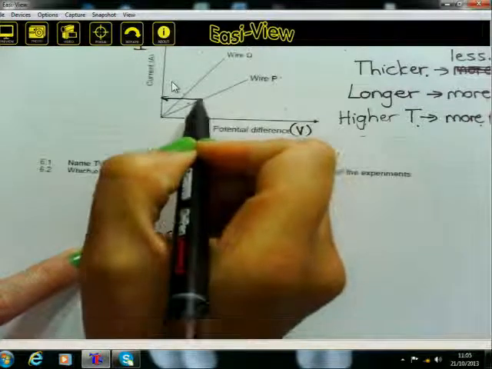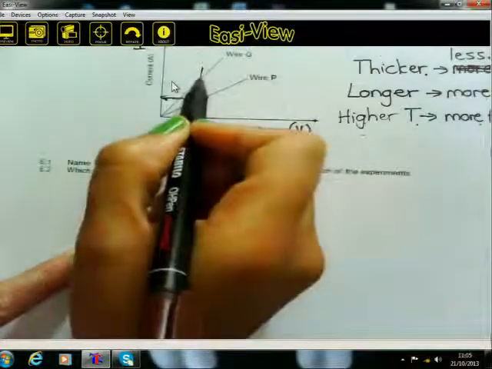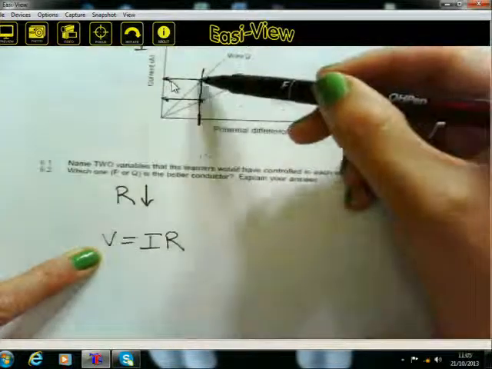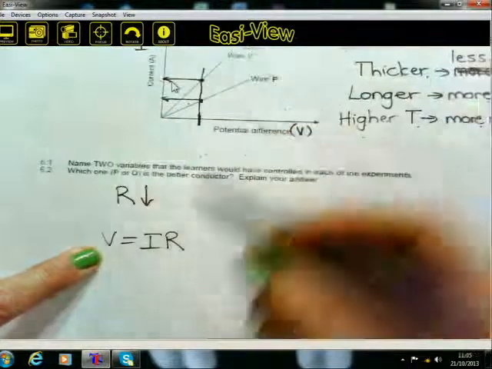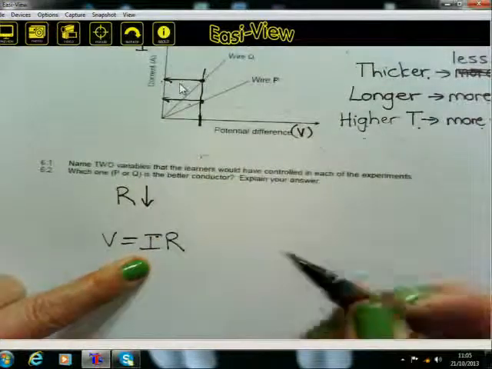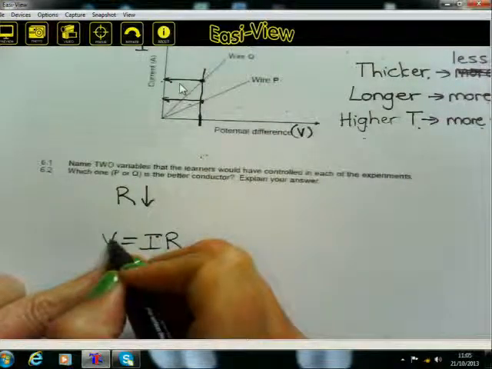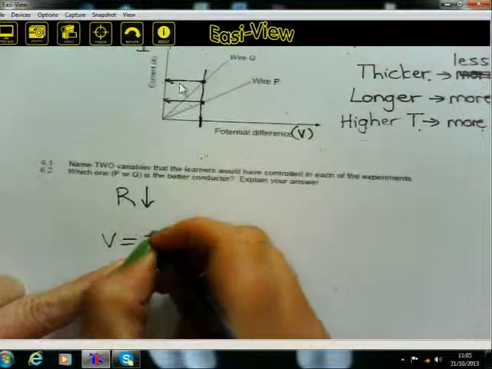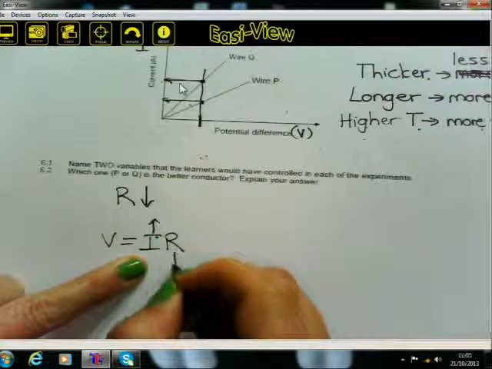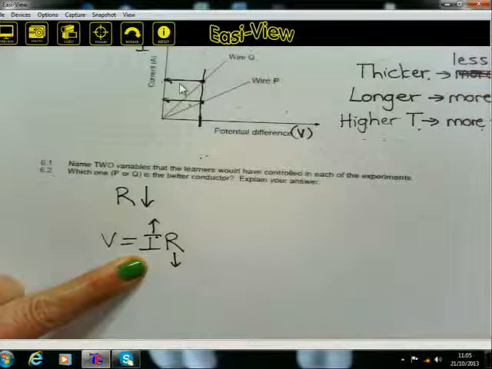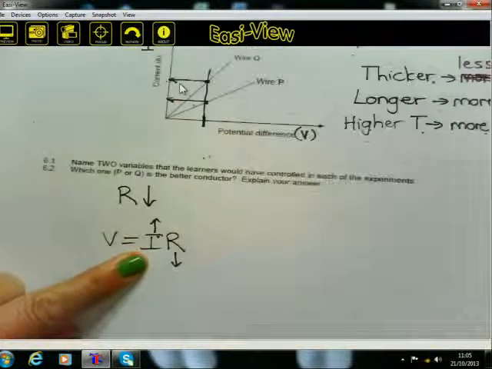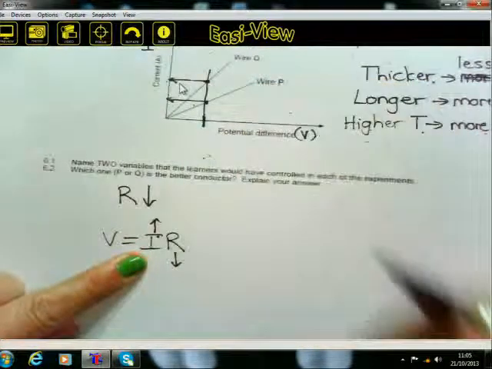See, for this potential difference where the current is for wire Q. Wire Q has a much higher current than P for the same value of V. So when I goes up, R goes down. So we want the wire with the most current, and that would be wire Q.